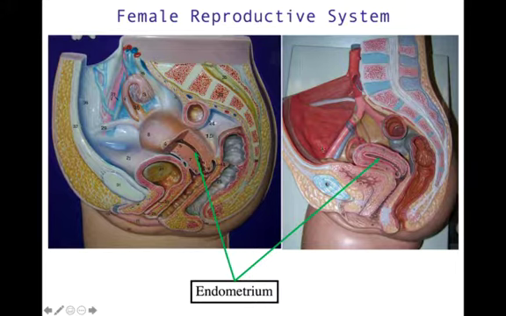Here, number 5, the inner lining of the uterus is the endometrium. And then we have the thick muscular layer here in pinkish red. That's the myometrium. Again, that has smooth muscle responsible for uterine contractions. And again, the perimetrium is the outer part, which you don't have to know.